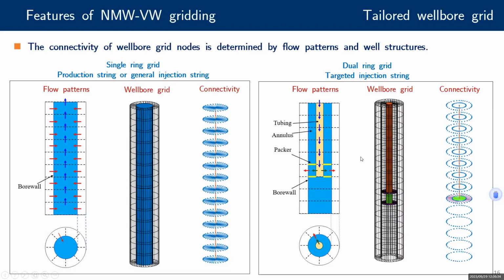For example, for the dual ring grid, there are two tubings inside the wellbore and two packers, and between the two packers there is a perforation, so the injected chemicals can flow from the perforation into the reservoir. So we can give the connectivity for the packers and for the two tubings.